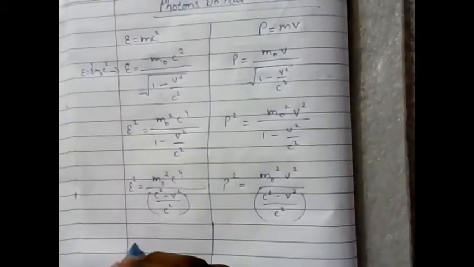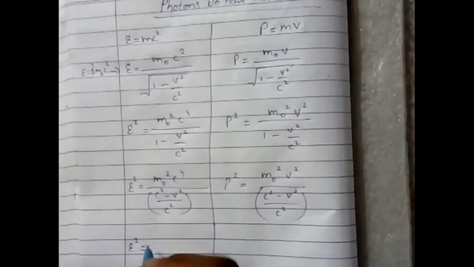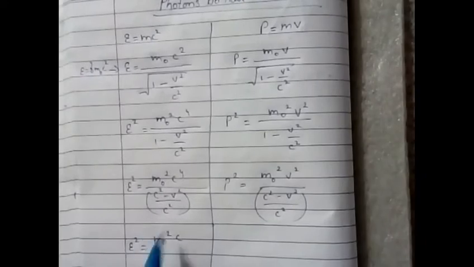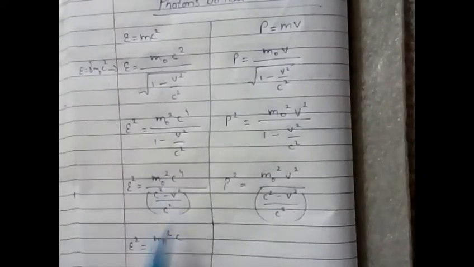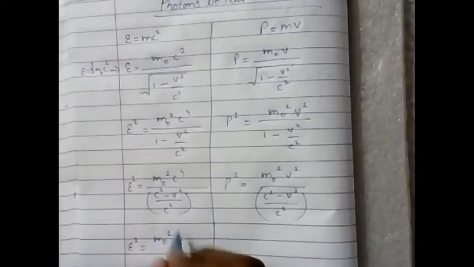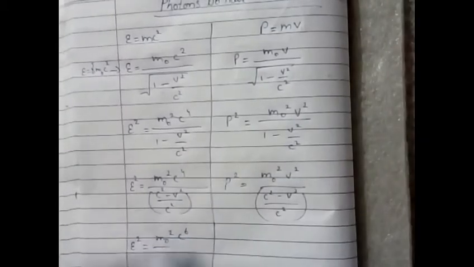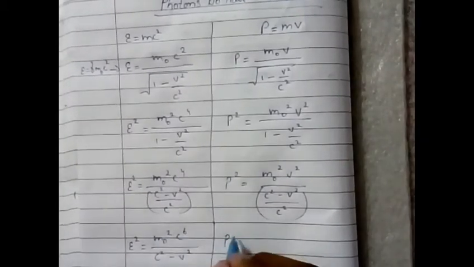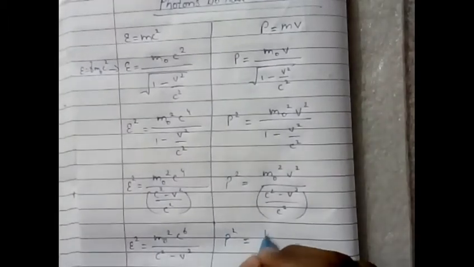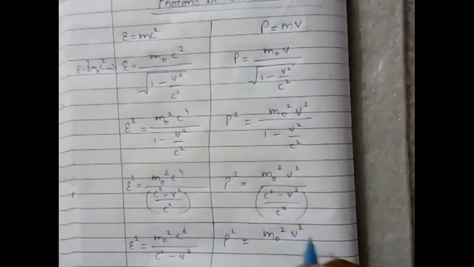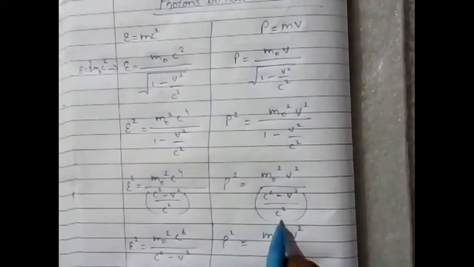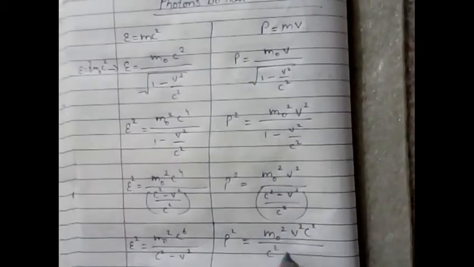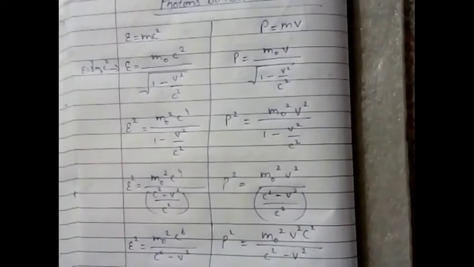Now, to make it a little bit better, if we take the c squared above, then it will be c raised to the power 6 over c squared minus v squared. And again, same with the momentum squared, it will be m naught squared v squared, and by taking the c squared above, you'll have c squared here, and c squared minus v squared.